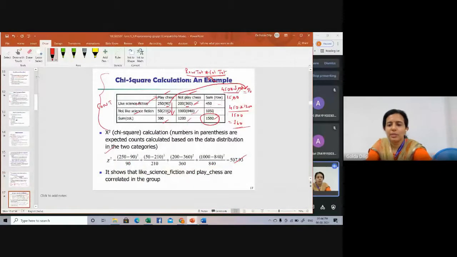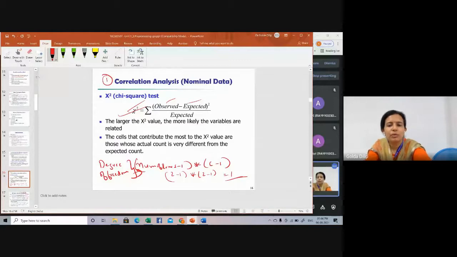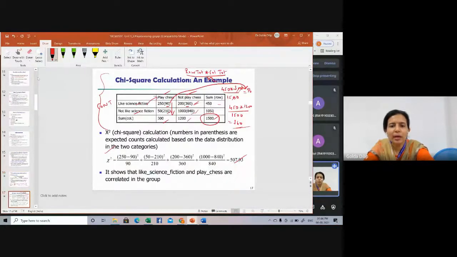We just calculated the degree of freedom, which is equal to 1. For 1 degree of freedom, we need the chi-square value required to reject the hypothesis.